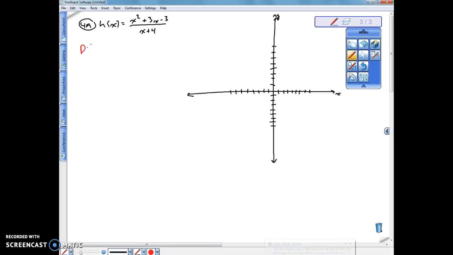We can see that our domain pretty clearly is going to be all real numbers except -4, right? Which would lead us to believe that there's a vertical asymptote at the line x equals -4.